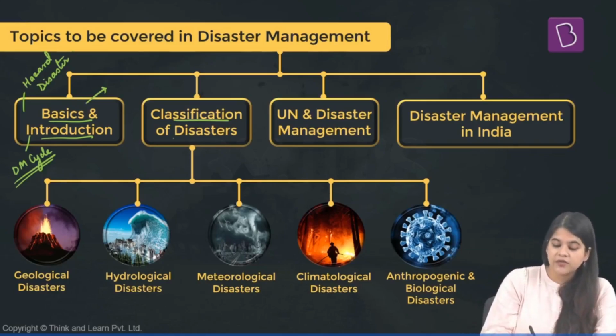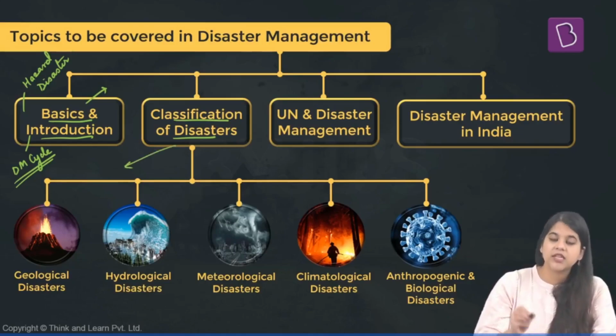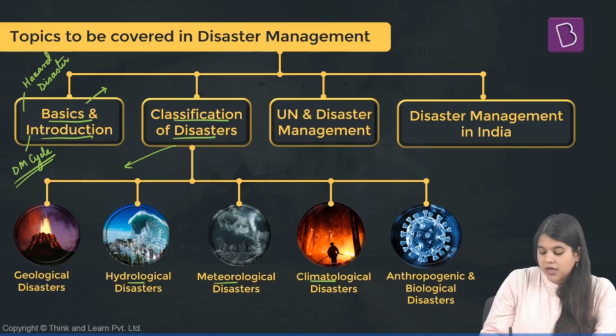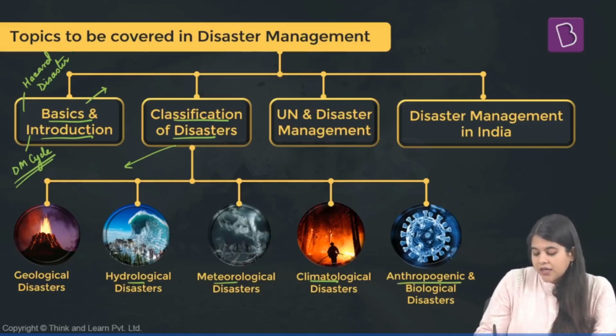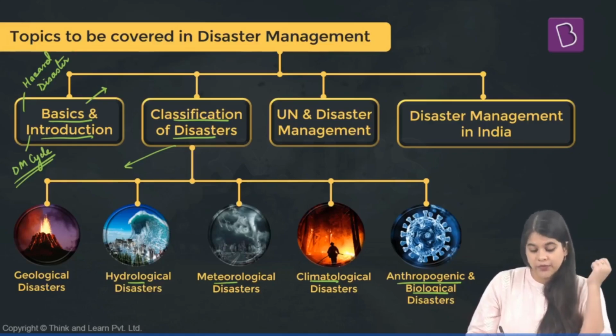Next, we'll come to classification of disasters, where we'll read about the various types of disasters like the geological ones, the hydrological disasters, meteorological, climatological, and in the end, the anthropogenic and the biological disasters.